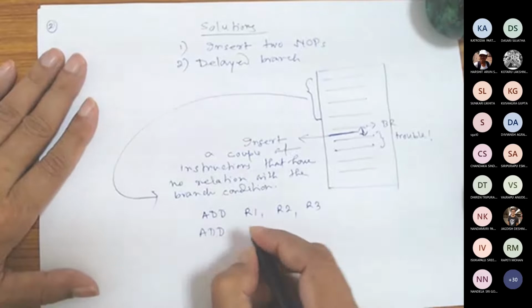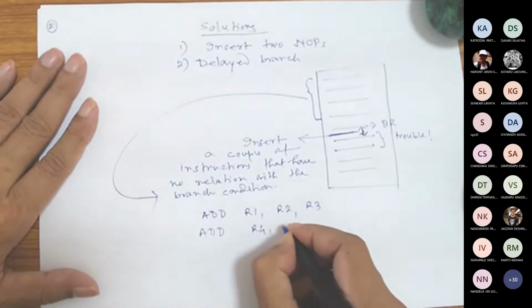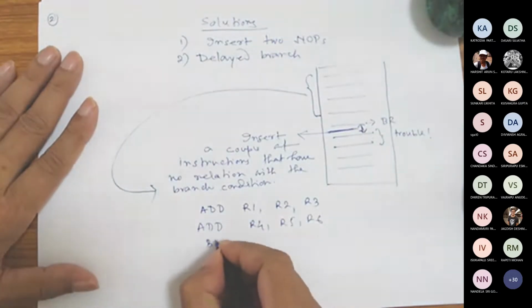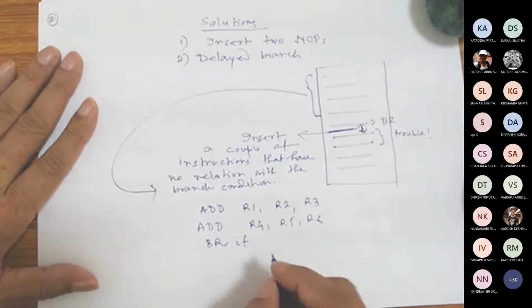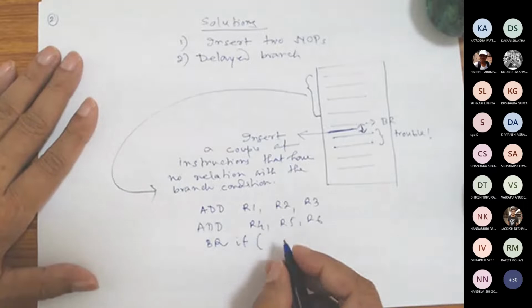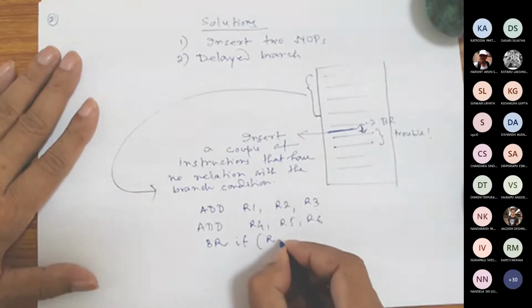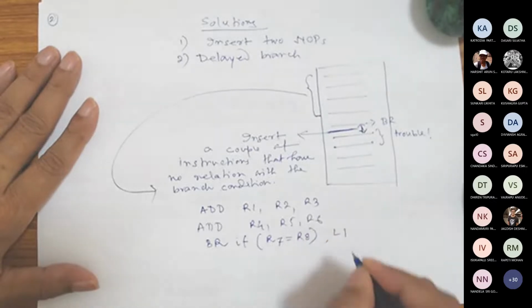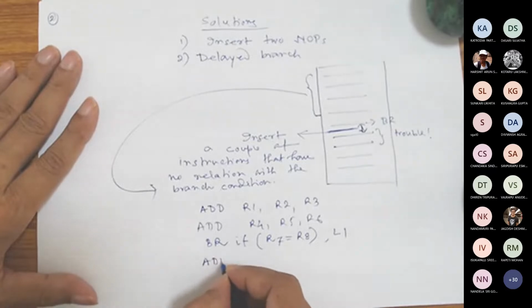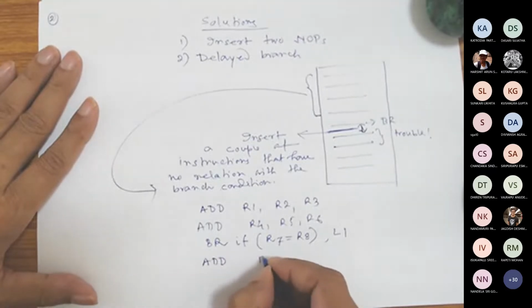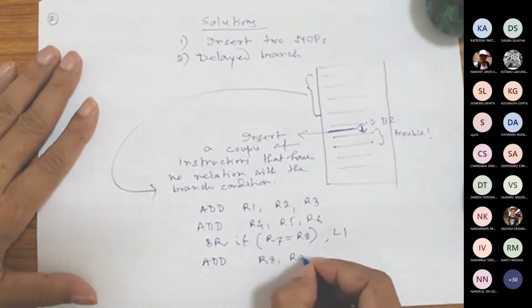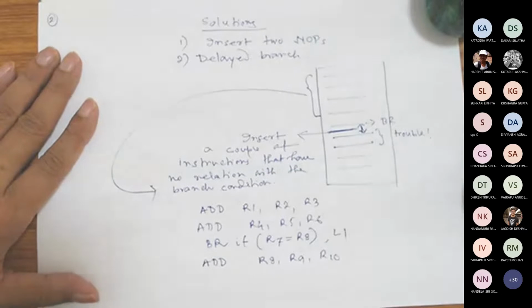The next instruction is add R4, R5, R6, and there is a branch. Something like that.